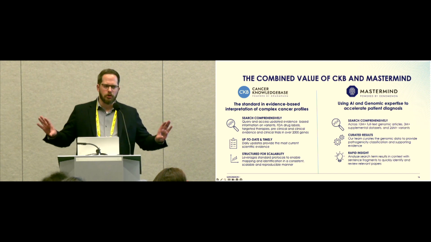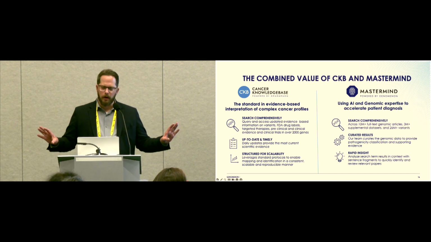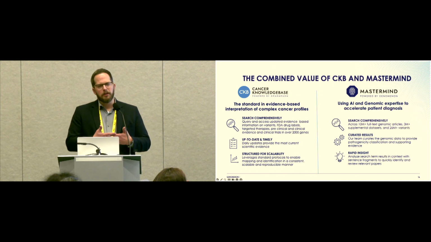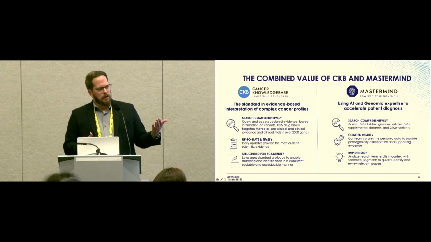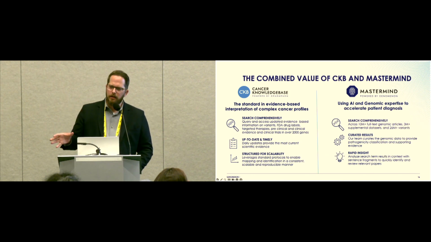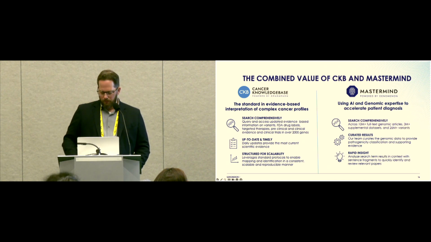It covers all genes and multiple different inheritance patterns, including somatic. We've curated a lot of the rare disease genes that I'm talking about, the constitutional or germline diseases, but there's a complementarity between the CKB data, which is somatic and focused on action and expertly curated by the CKB team, and the index data in Mastermind for rare disease that has been curated.